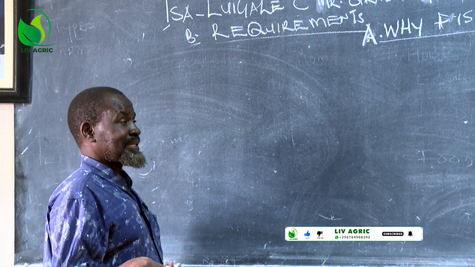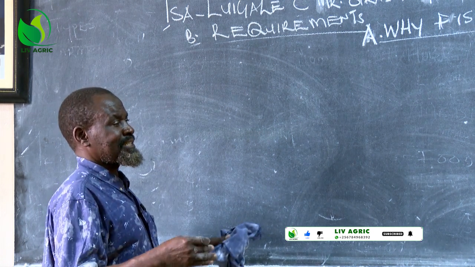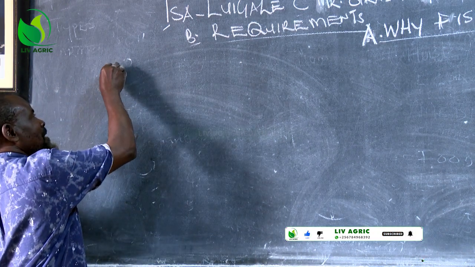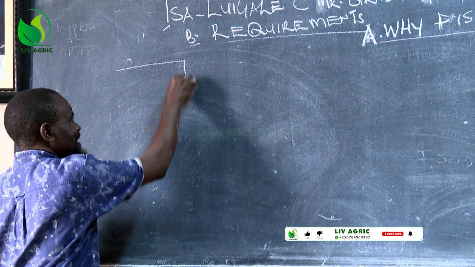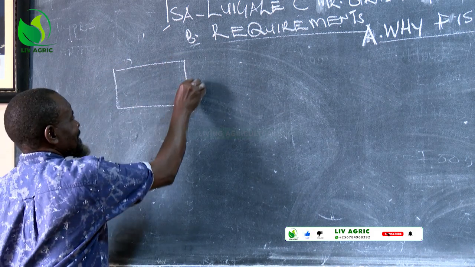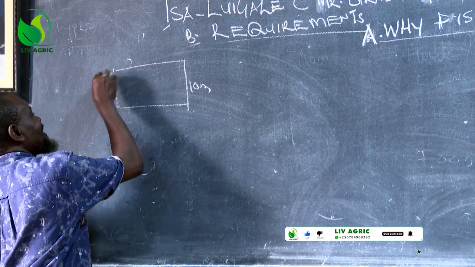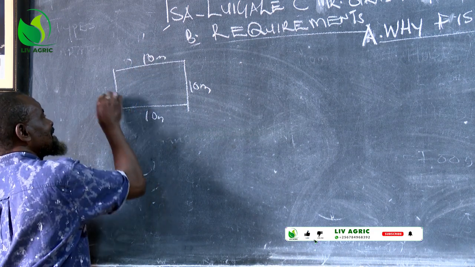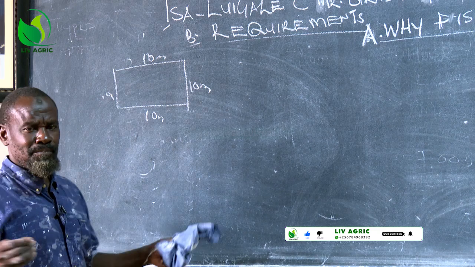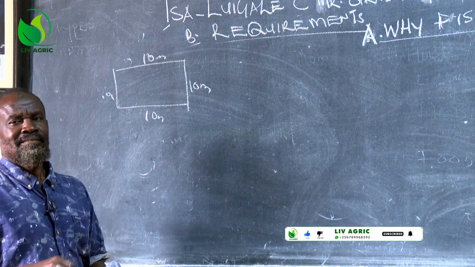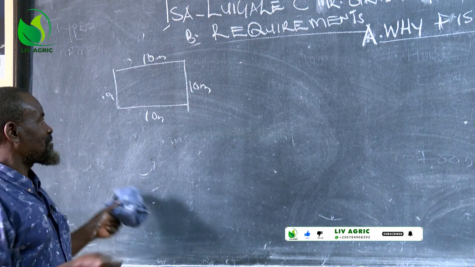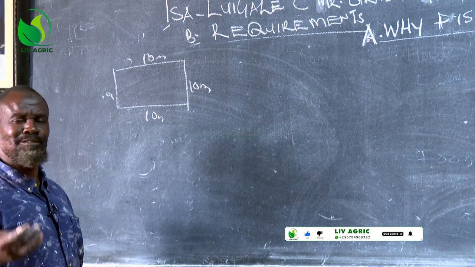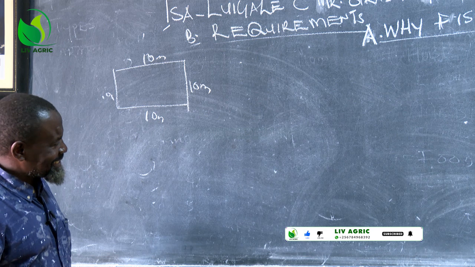Now we can get a little bit further and say, if I dug a pond, maybe 10 by 10 by 10, how do I go about it? This requires a little bit of practical activity.